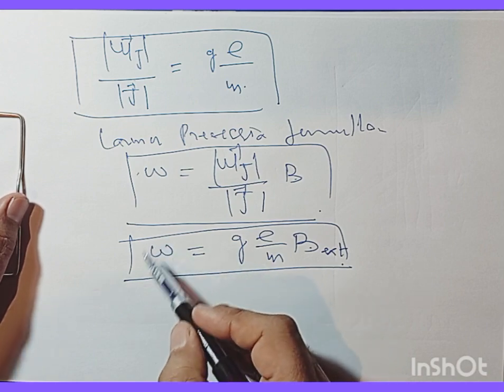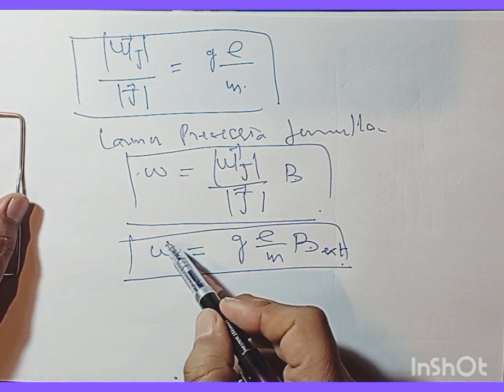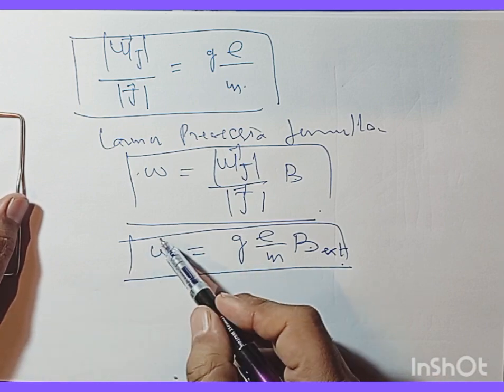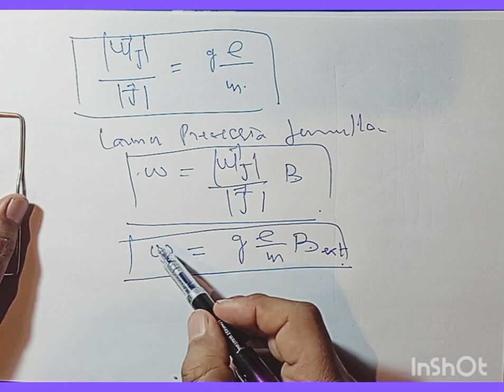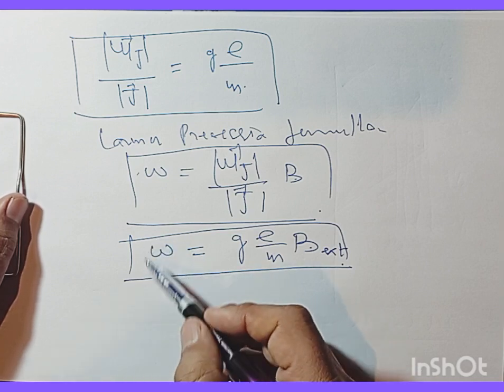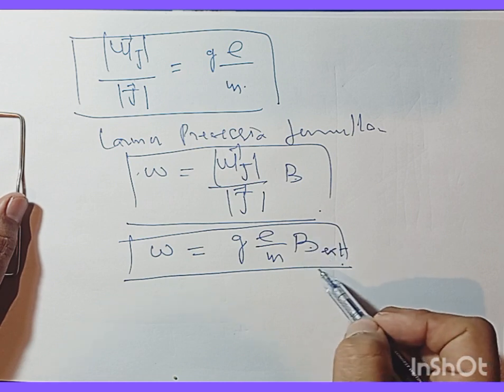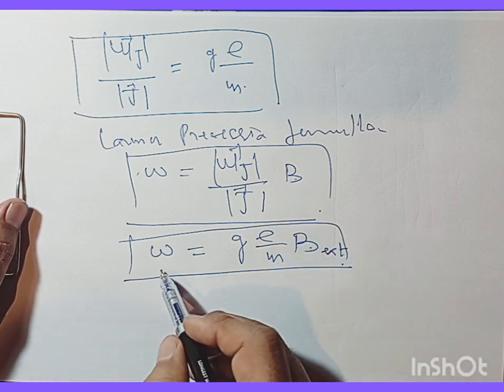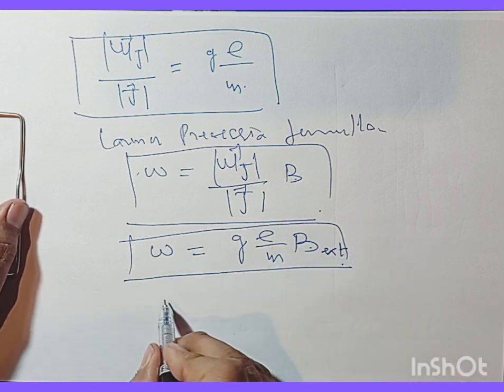We can see that this angular frequency omega, which on multiplying by h bar will give us energy, is proportional to the external magnetic field. So we can write down.